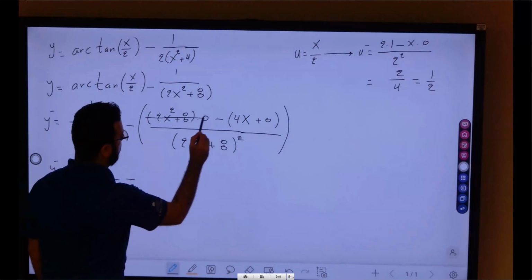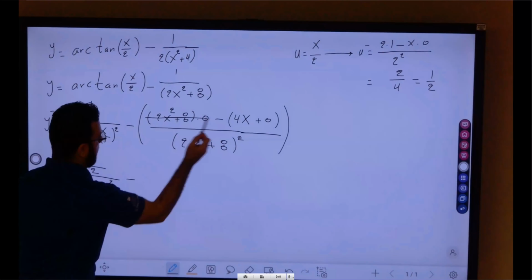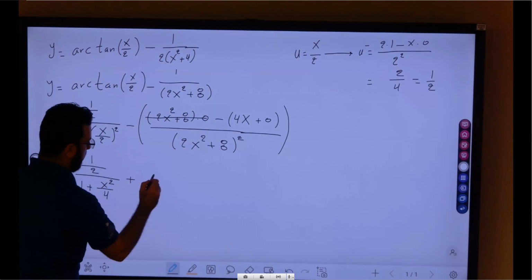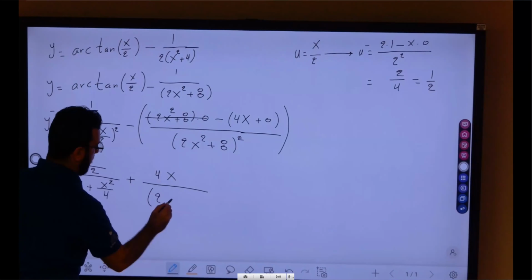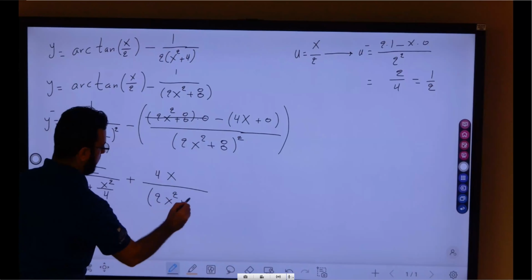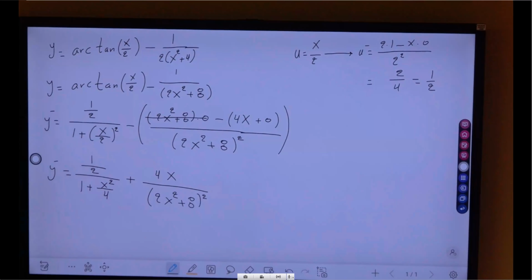This is 0, so a negative 4x times negative, yes or no, over 2x squared plus 8 squared. So far, is that cool?